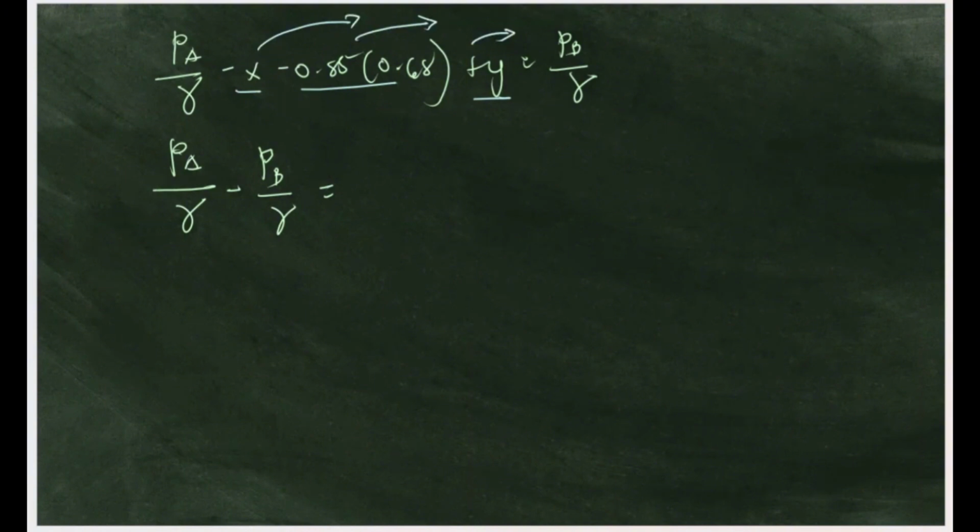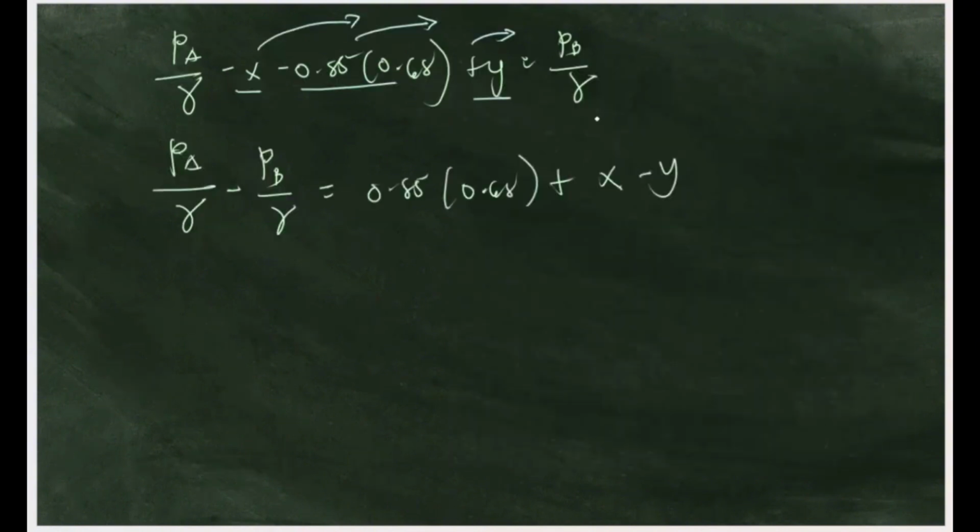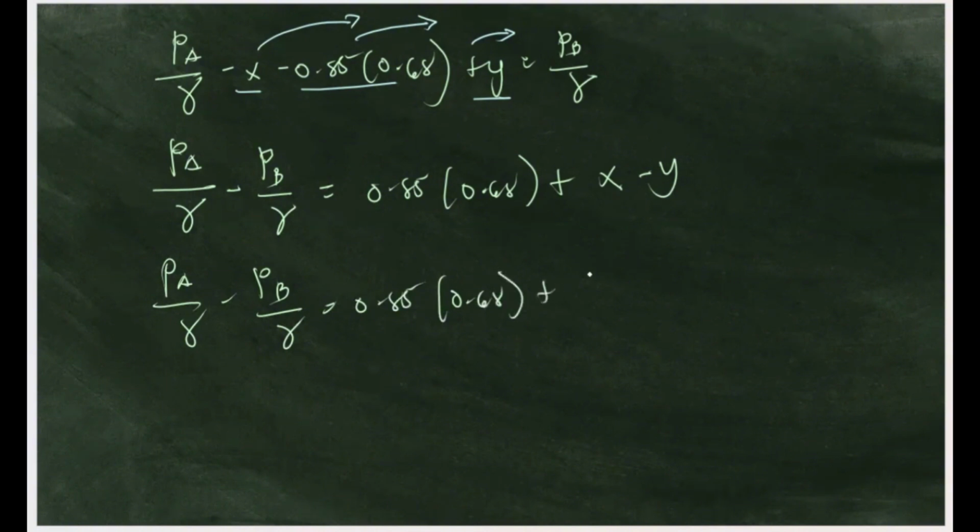So, this will become 0.85 multiplied by 0.68 plus X minus Y. Eh, alam natin na yung X minus Y is 1.02, from our distance. So, P sub A over gamma minus P sub B over gamma is 0.85 multiplied by 0.68 plus 1.02.